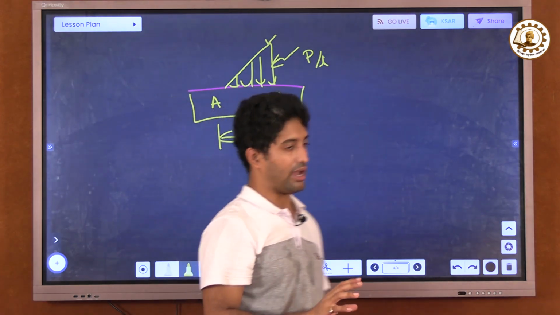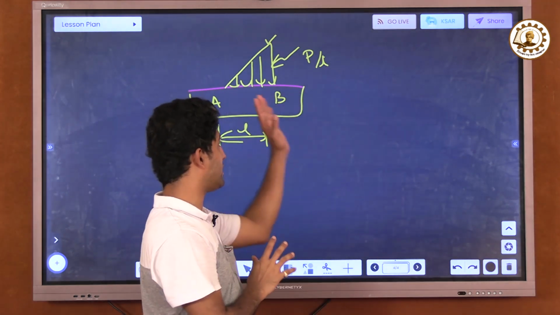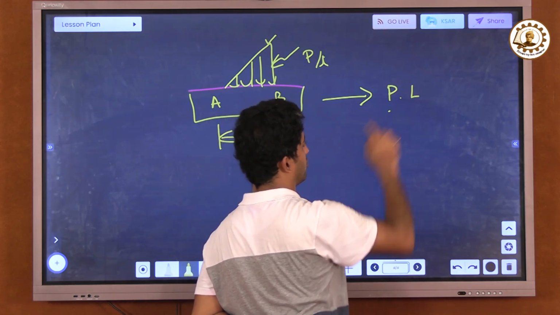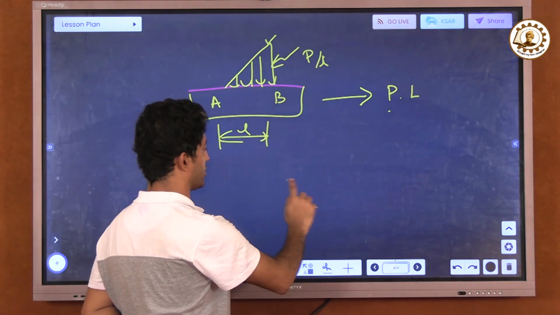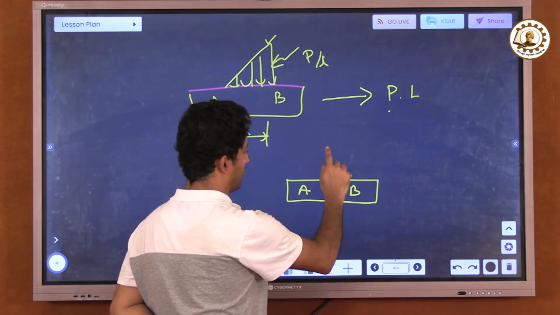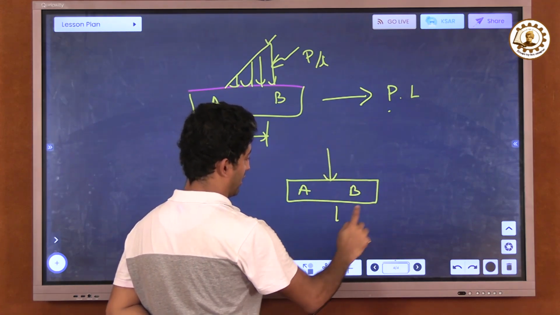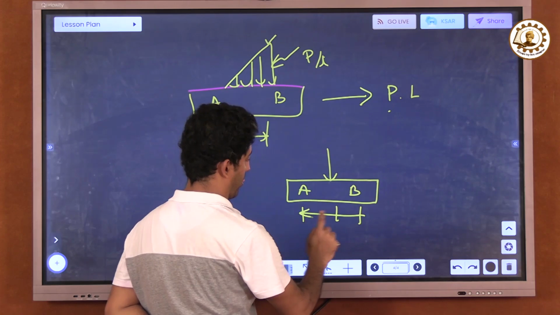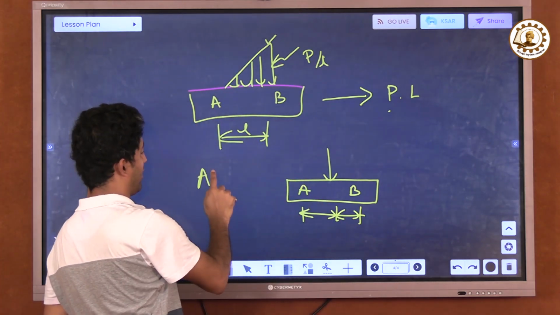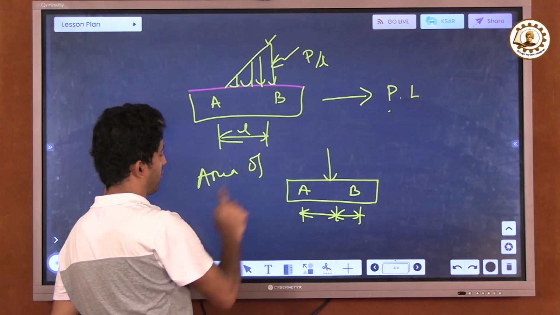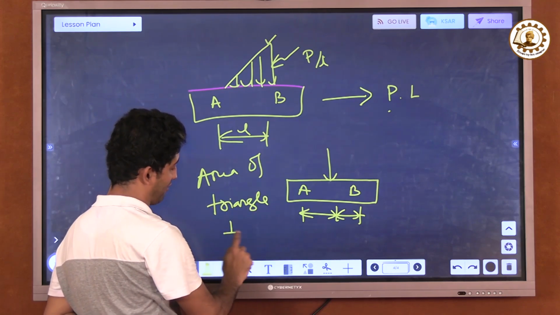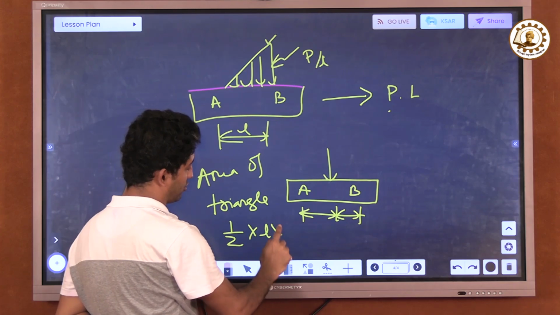Now try to understand how to change it to a point load. The simplest way to do is this: A, B, make a load over here. Just remember area of triangle. What is area of triangle? Area of triangle is half length into base.